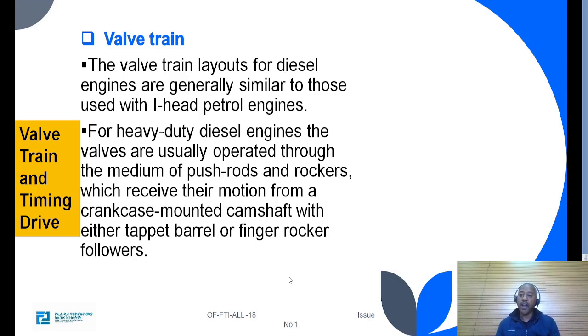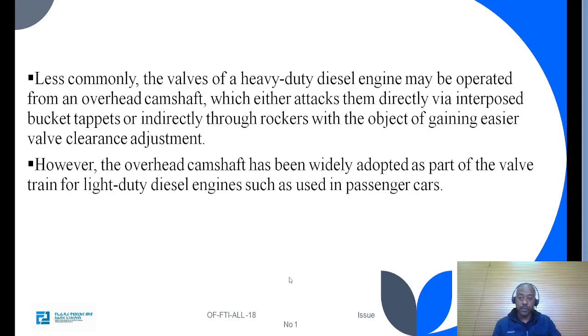Valve train and timing drive. Valve train. The valve train layouts for diesel engines are generally similar to those used with I-head petrol engines. For heavy-duty diesel engines, the valves are usually operated through the medium of pushrod and rocker, which receive their motion from a crankcase mounted camshaft with either tappet barrel or finger rocker followers.